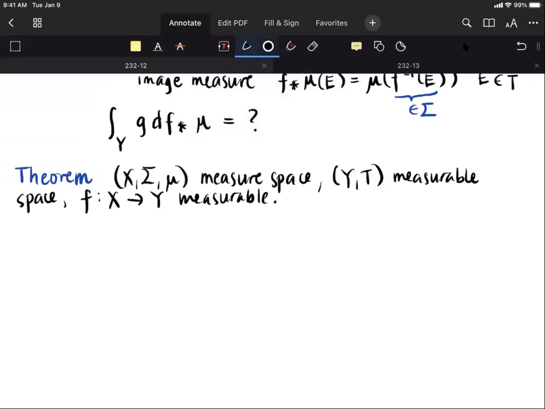And let us consider a function g defined on Y to K bar. Again, K bar is either the extended real numbers or the complex numbers. And suppose that this is measurable.